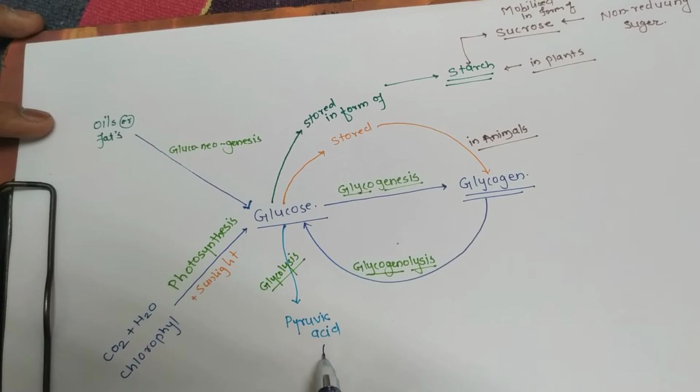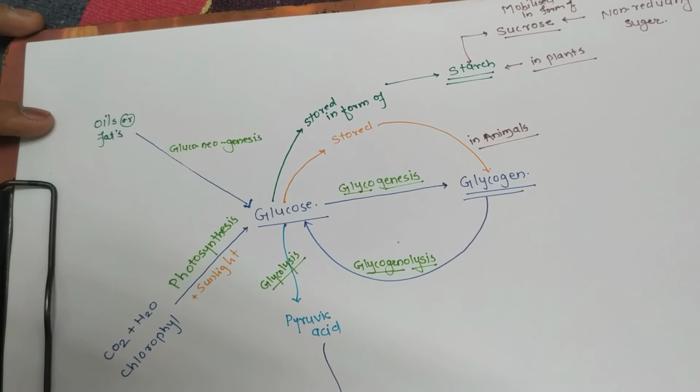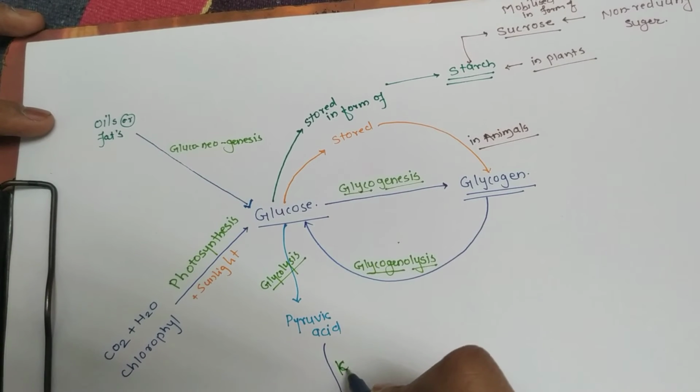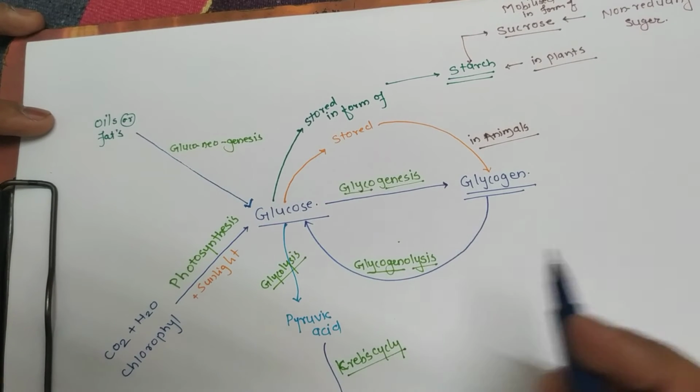Okay, great. Then pyruvic acid is converted into NADH2 and some ATPs via the Krebs cycle, the citric acid cycle, one and the same.